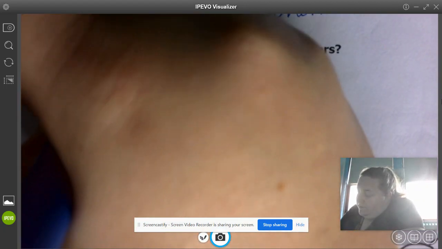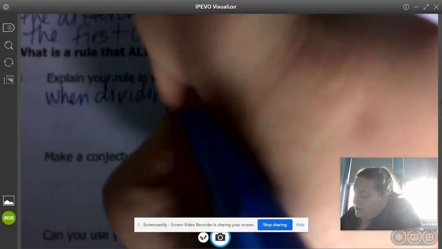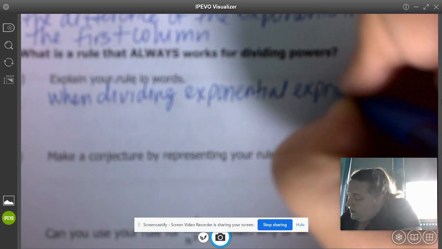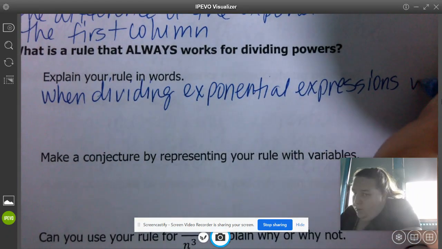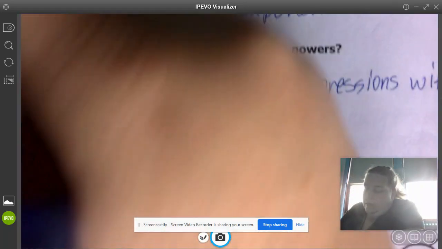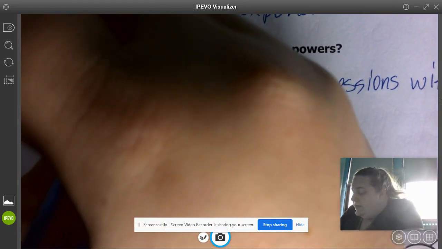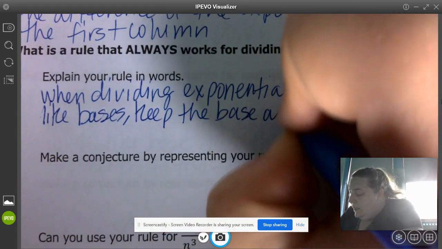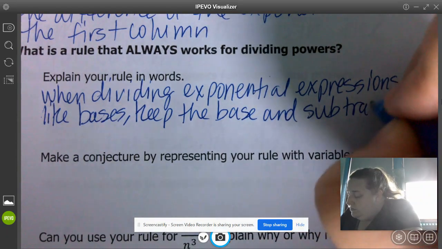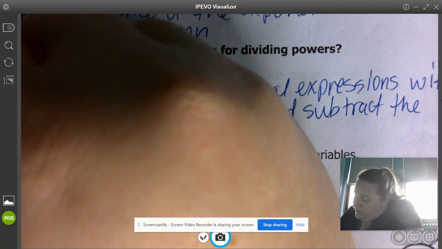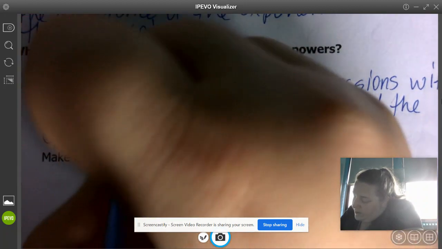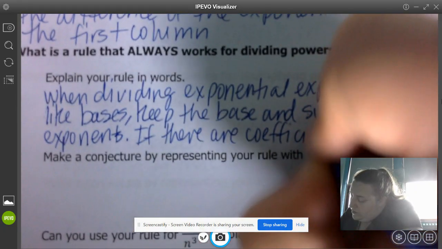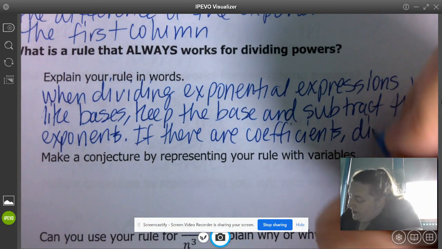So when dividing exponential expressions with like bases, keep the base and subtract the exponents. If there are coefficients, divide them.